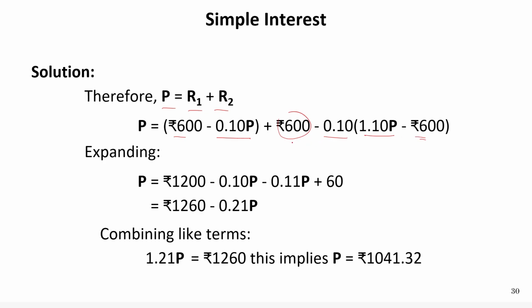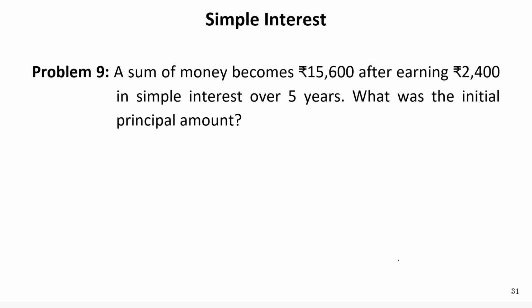That is the principal component of the second repayment. Expanding it further, P is equal to 1200 minus 0.10p minus 0.11p plus 60. So 1260 minus 0.21p. Combining like terms, 1.21p is equal to 2160. This implies that p is equal to 1041.3.